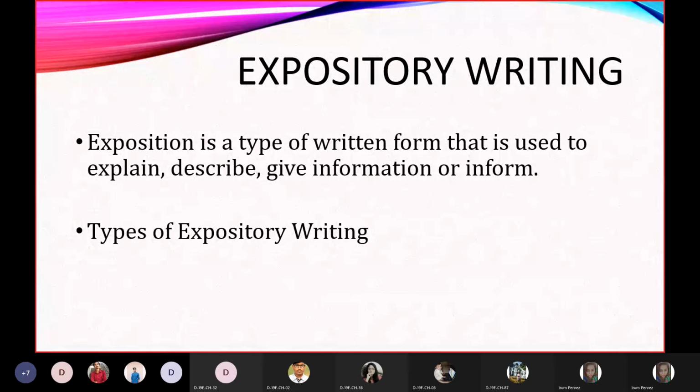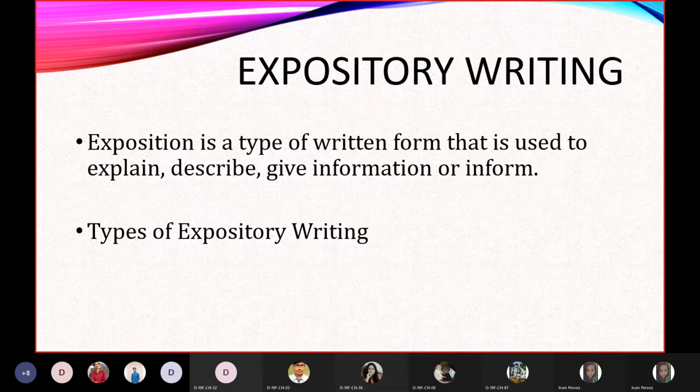Because when we are writing any research paper or working on any research, and when we are going to write our research work, definitely we are going to explain or describe what our topic is and what it is all about. So we would need expository writing.